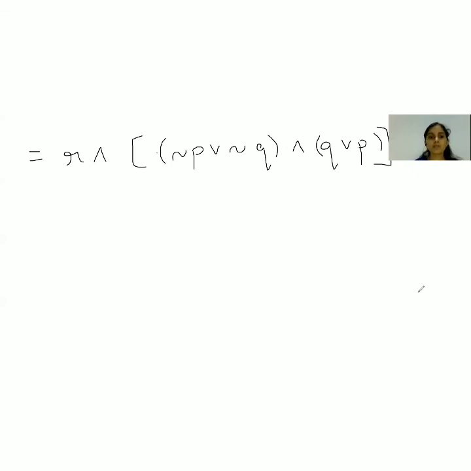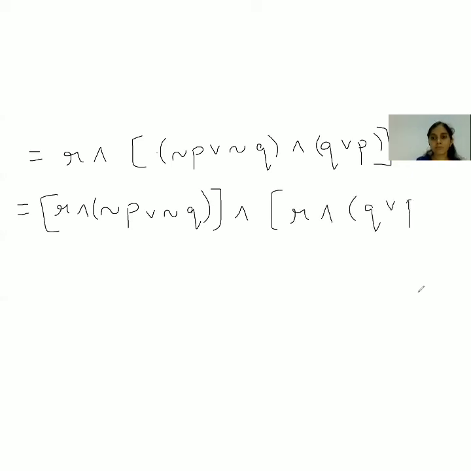Now what we will do is we will give R to each of the brackets inside. So R and negation P or negation Q, and R and Q or P.